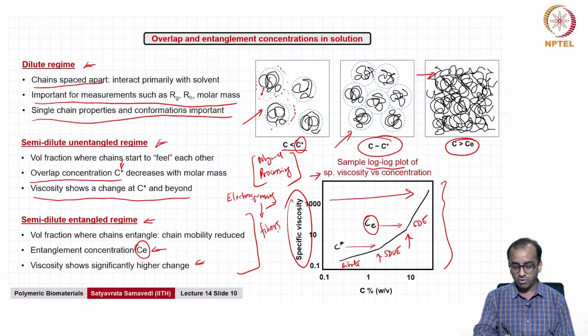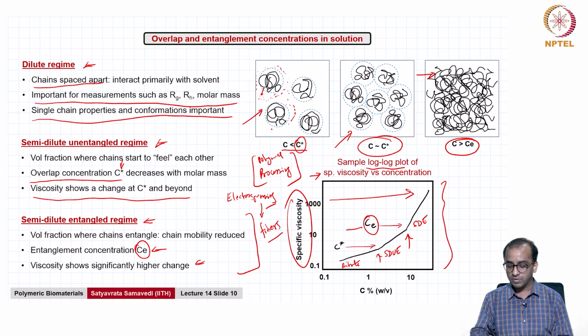It's a technique to make non-woven fibers or fibrous meshes which are biomimetic in nature. And there we will see that if you are below this regime, you will end up electrospraying and not really electrospinning, where you will generate particles and not fibers. If you have to generate fibers, then you have to be well above this concentration.